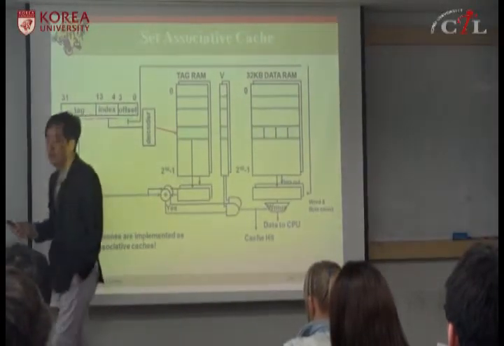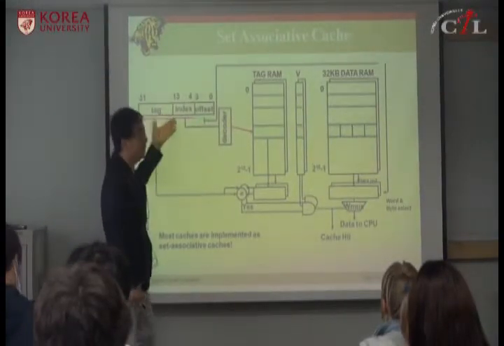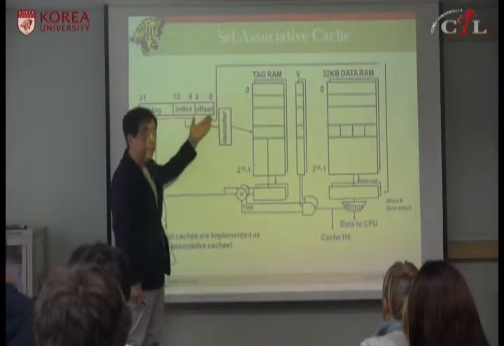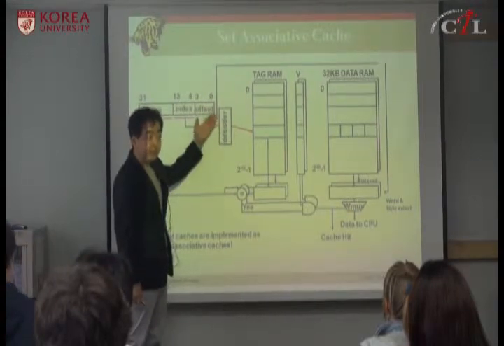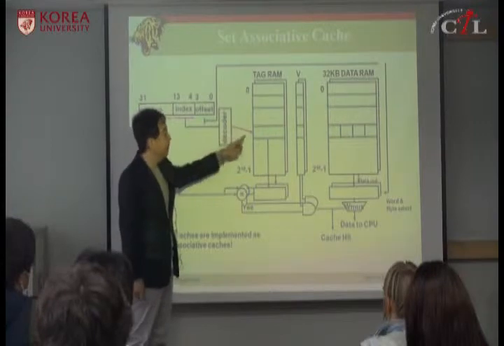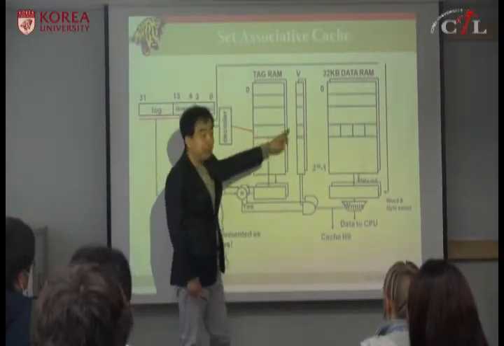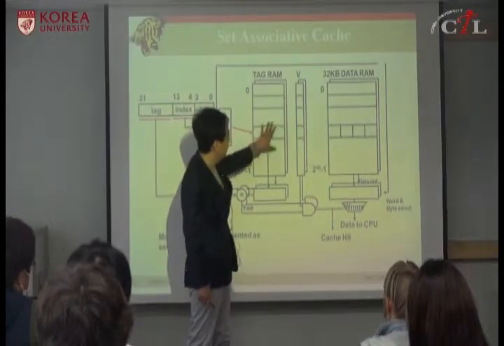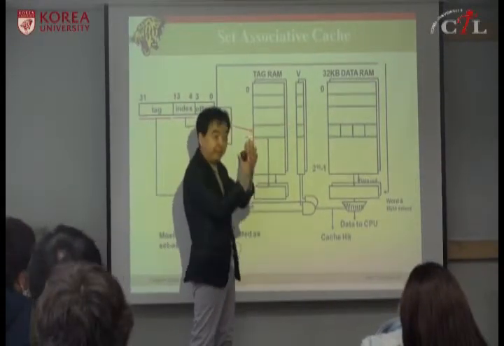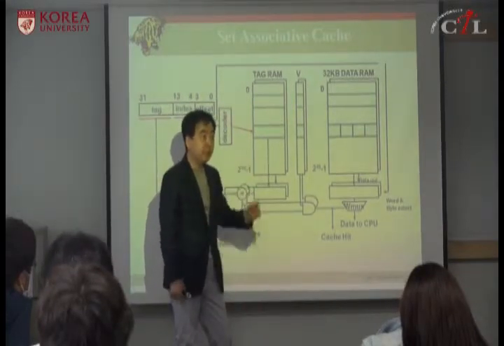So the cache organization is: the 32-bit physical address is divided into an 18-bit tag, a 10-bit index, and a 4-bit block offset. Block offsets are the same. Okay, you extract the 10-bit index, do the decoding, you identify the set. In this set you have 2 blocks, one in way 0, the other in way 1. You have 2 banks in parallel. Okay? So you have to examine these 2 locations.